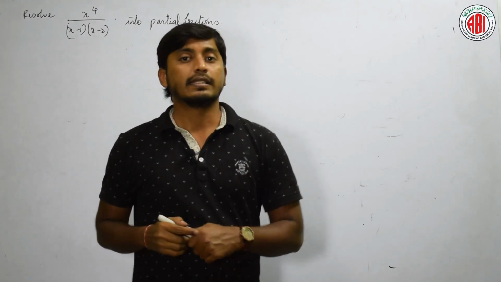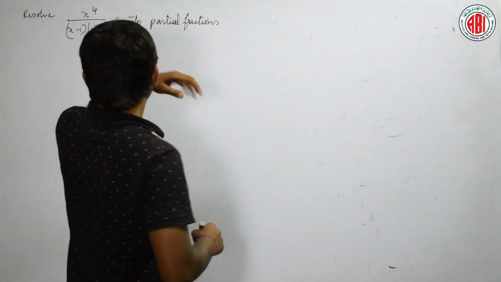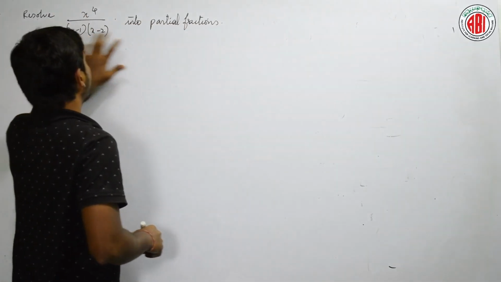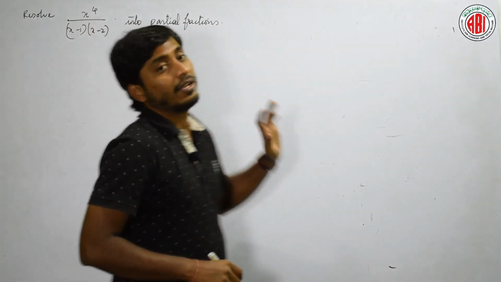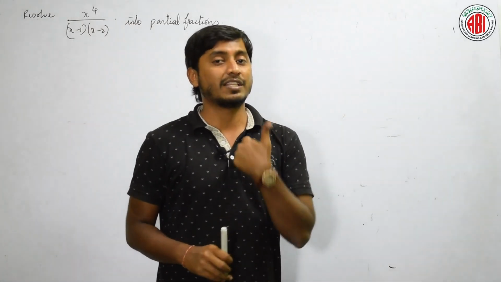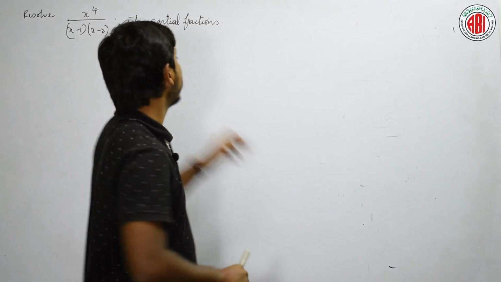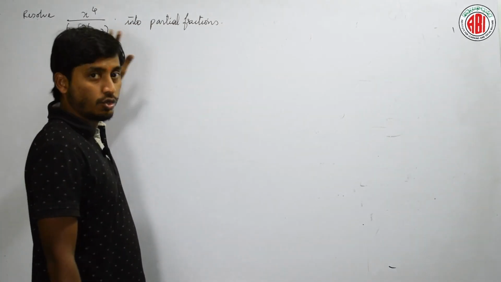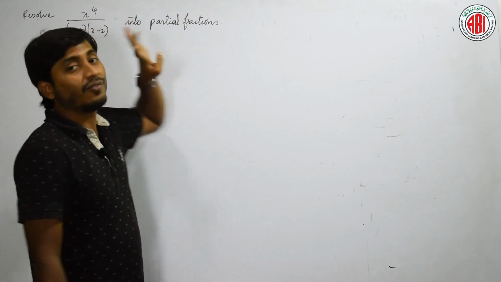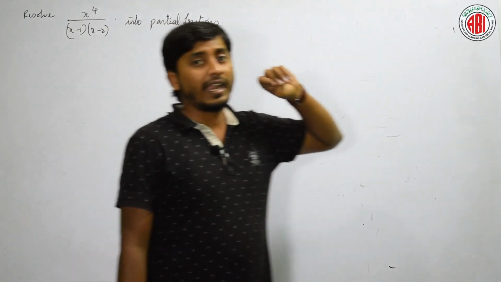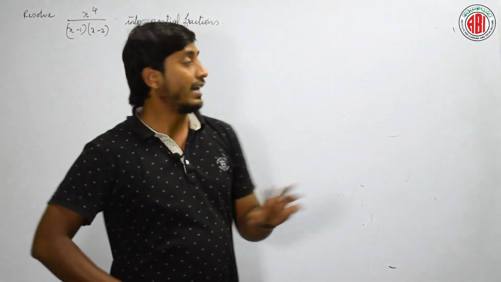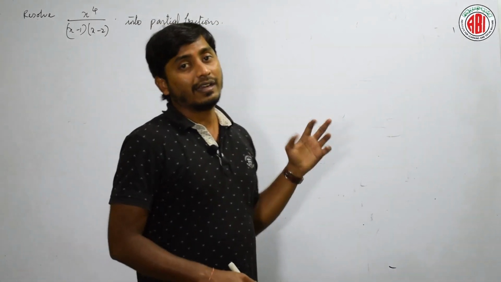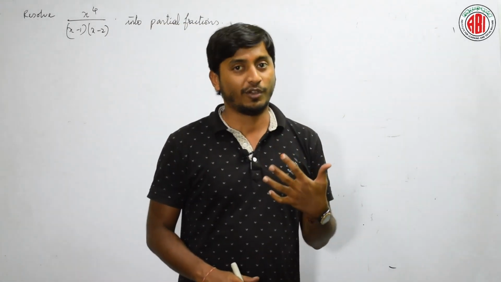Let us do. See here, the question is given as: resolve x power 4 by x minus 1 into x minus 2 into partial fractions. Now, first tell me whether it is proper or improper. It is improper. How? The degree of the denominator is only 2 and the degree of the numerator is 4. It is not only improper, but it is of the kind where we have to divide the whole polynomial.